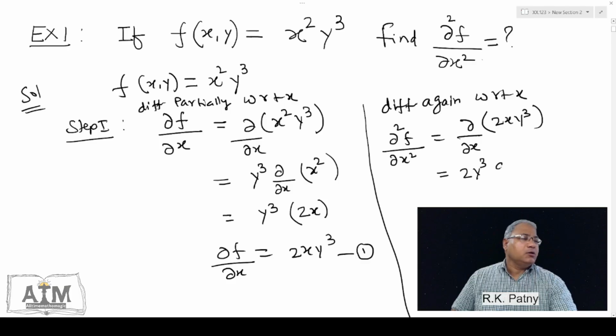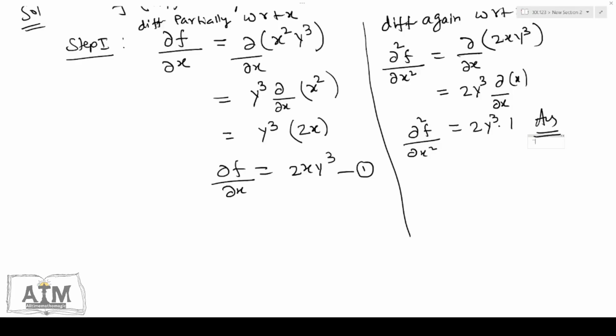So 2y cube times partial differentiation of x with respect to x, which is 1. So 2y cube multiplied by 1. So del 2f by del x2, the second order partial differentiation of f with respect to x, is nothing but 2y cube. This is the result.